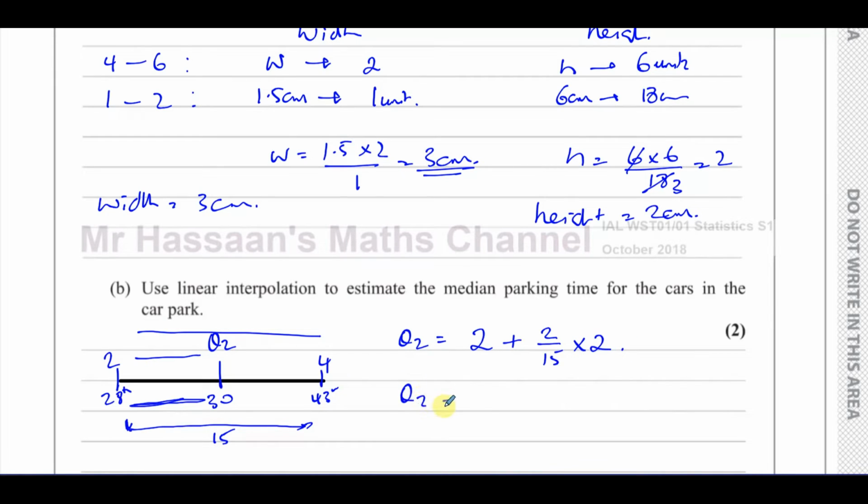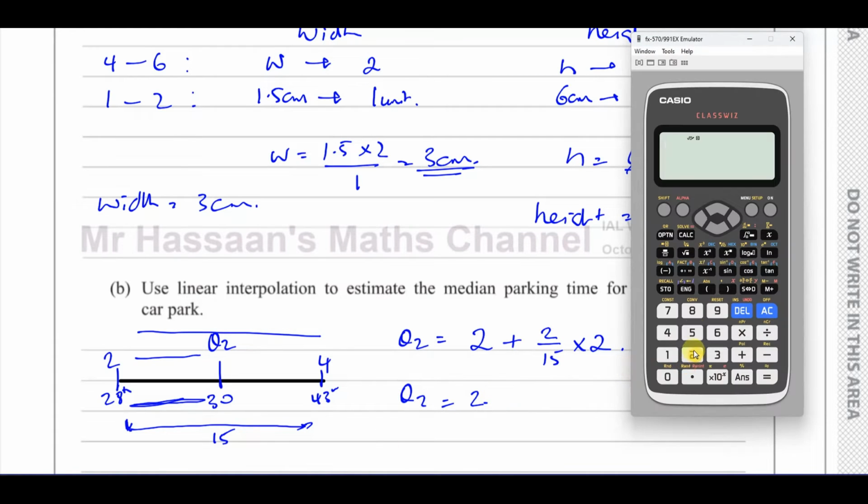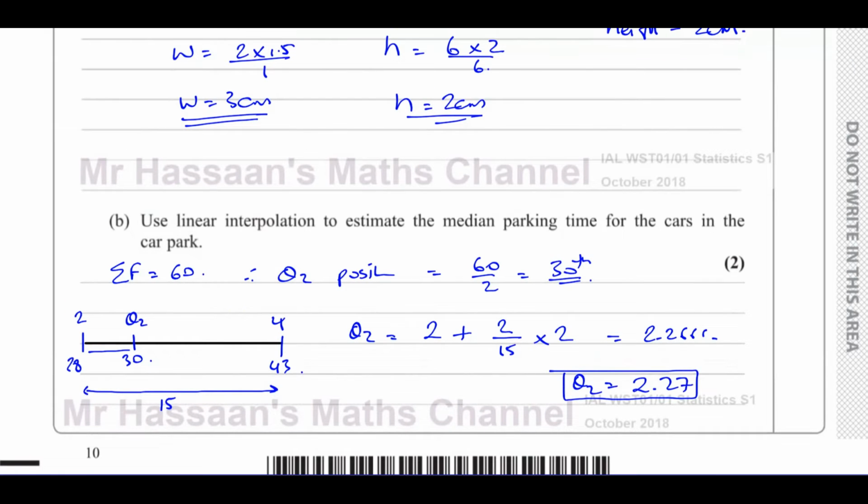So Q2 is going to be 2 plus 2 over 15 times 2. That's 4 over 15. And you add that to 2, and that gives you 34 over 15, which is 2.2667. Okay, next we're going to go on to part C.